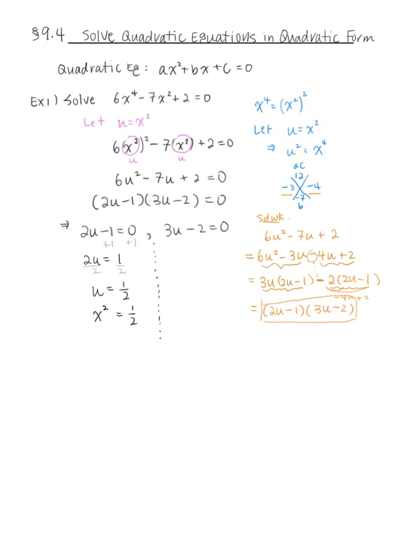Let me just extend this dotted line. Okay, now from here, how are we going to solve for x? Yes, we're going to have to apply the square root property. So if I take the square root on both sides, then don't forget that plus or minus. So this means that our x is going to be plus or minus the square root of 1/2.